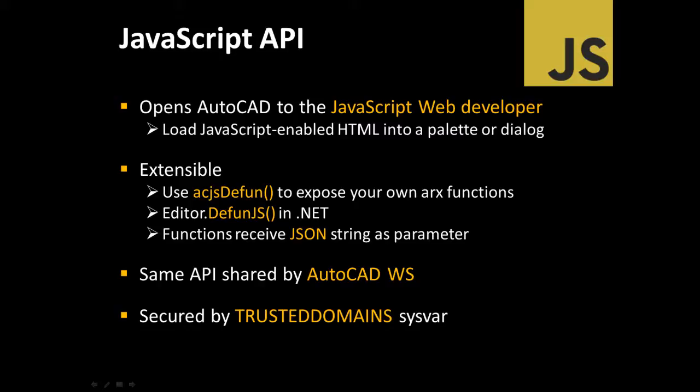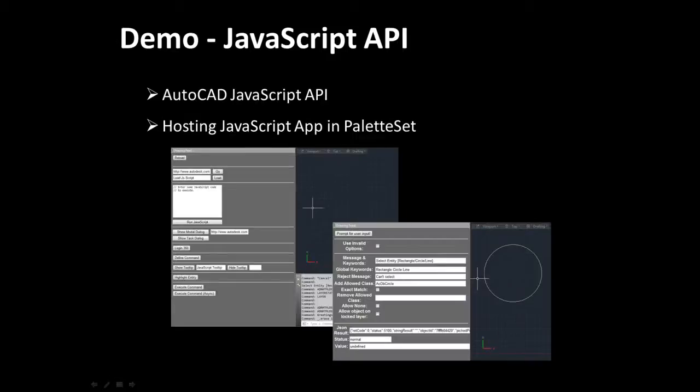Then if the page is contained inside a trusted domain, the page will just load fine, and if the page is outside of a trusted domain, then the user will get a security warning allowing them to allow or cancel the loading of that HTML page. So let's now take a look at some demos concerning this JavaScript API.